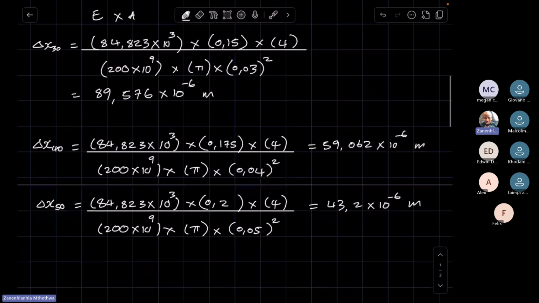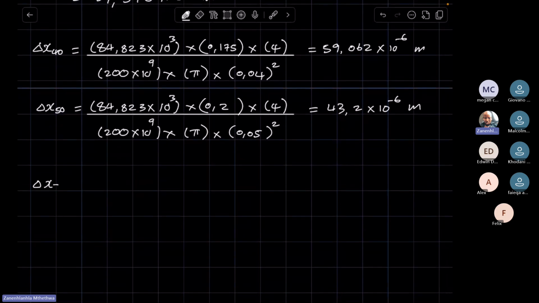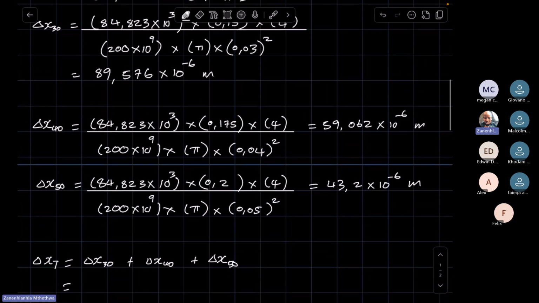So the total change in length is equal to change in x for the first section plus the change in x for the second section plus the change in x for the third section. All of your answers are in terms of times 10 to the -6. Do you see that?